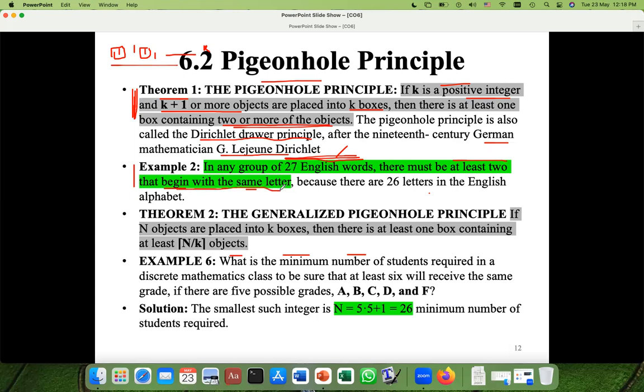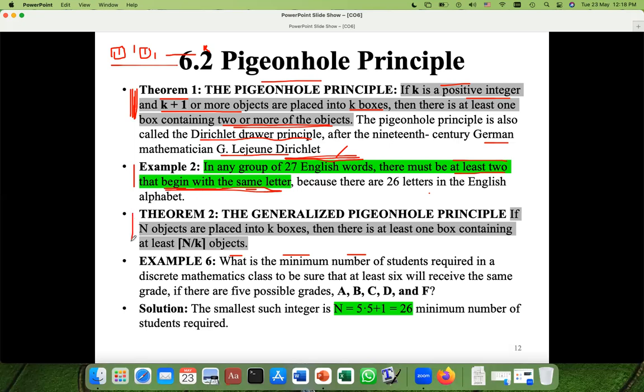Yes, no doubt, this is according to the pigeonhole principle. 26 of the 27 English words will start with different letters of the alphabet, and the 27th would again be just a repetition that can start with A or B or C or D or whatever. But then we can say that at least two words will begin with the same letter. Okay, that is the example of this pigeonhole principle.